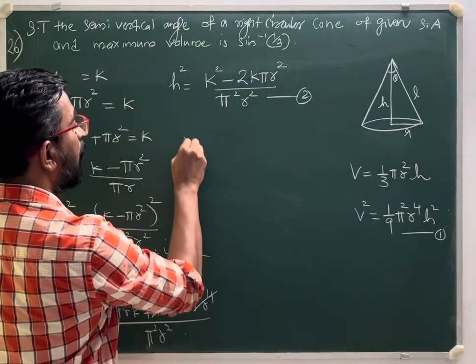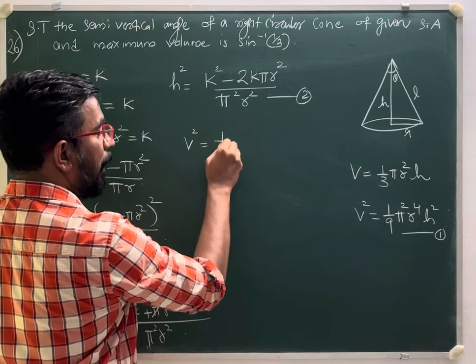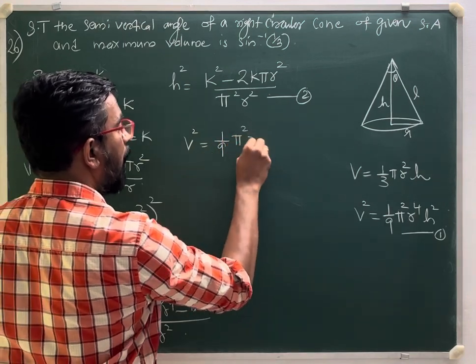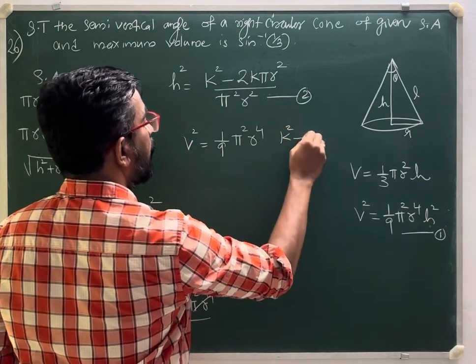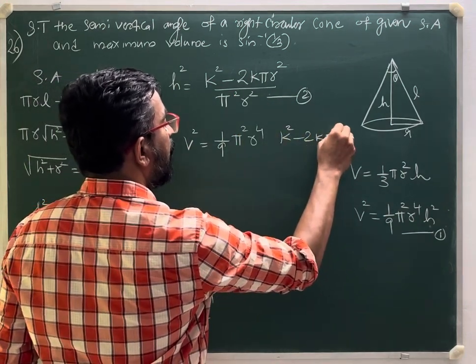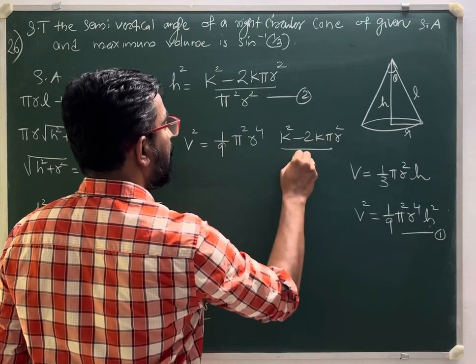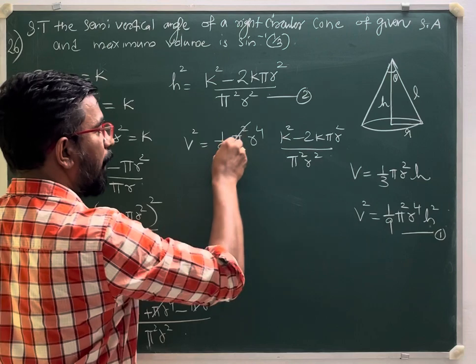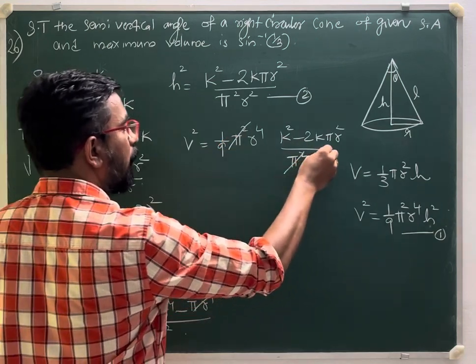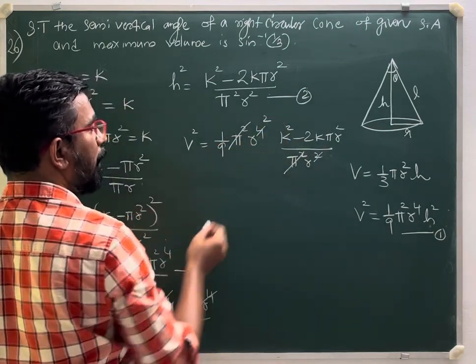When you substitute, I will get v square is equal to 1 by 9 pi square r power 4. In the place of h square, I will put k square minus 2k pi r square by pi square r square. Pi square cancels, r square and r power 4 cancel, you get here like this.